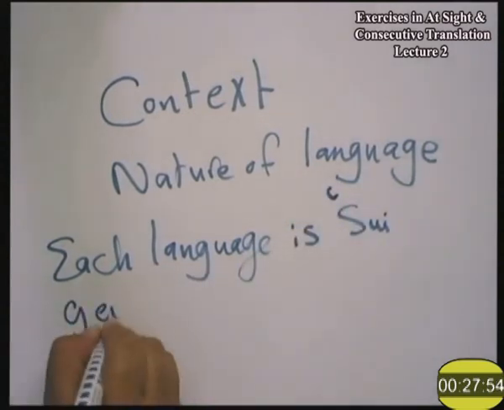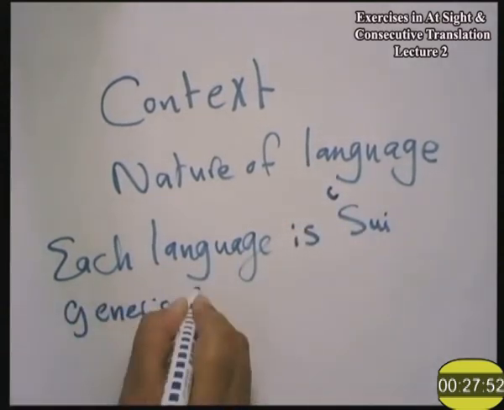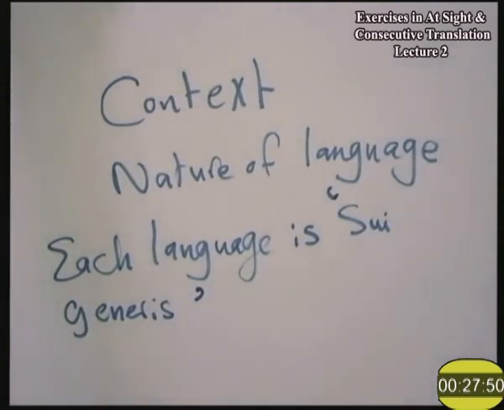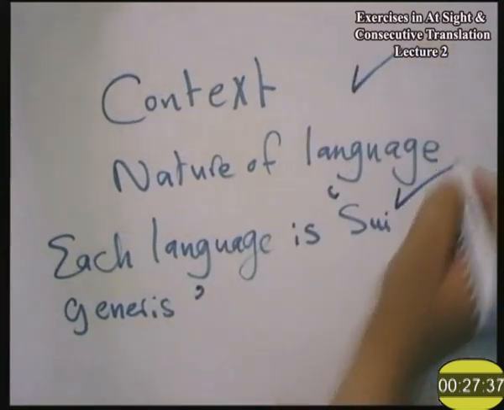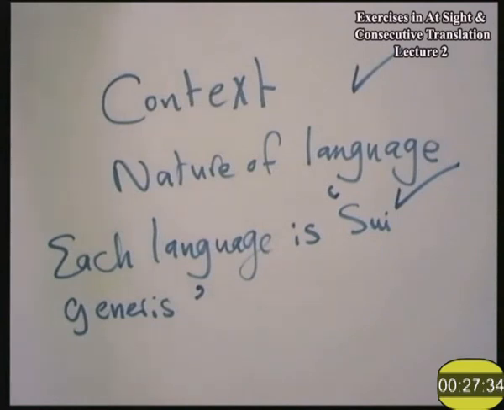Sui generis is a Latin expression which means that each language has its own features that make it different from other languages. And we have to be aware of this very much because this will help us a lot in translation.